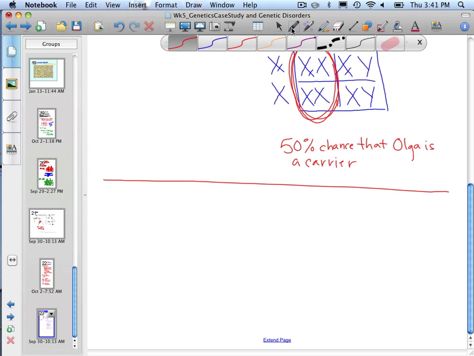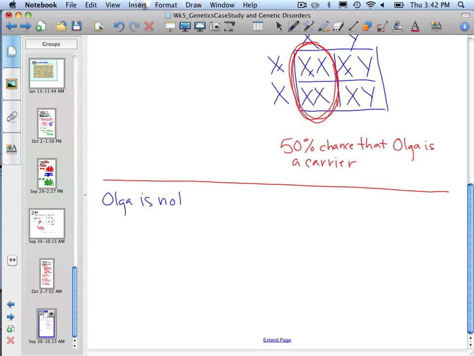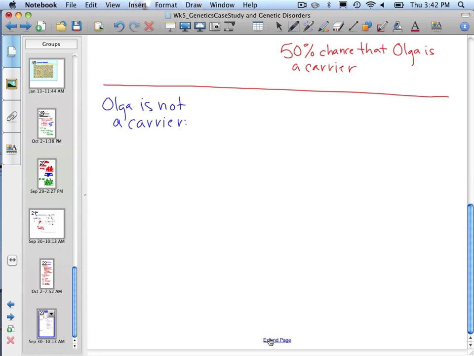All right, now that we know the probability of Olga being a carrier, we have to calculate the probability of her passing that allele on to her children if she is a carrier and if she's not a carrier. So first, in blue here on the left, I'm going to show a Punnett square for the case in which Olga is not a carrier. And I'm going to just write Greg and Olga's genotypes prior to writing out the Punnett square.